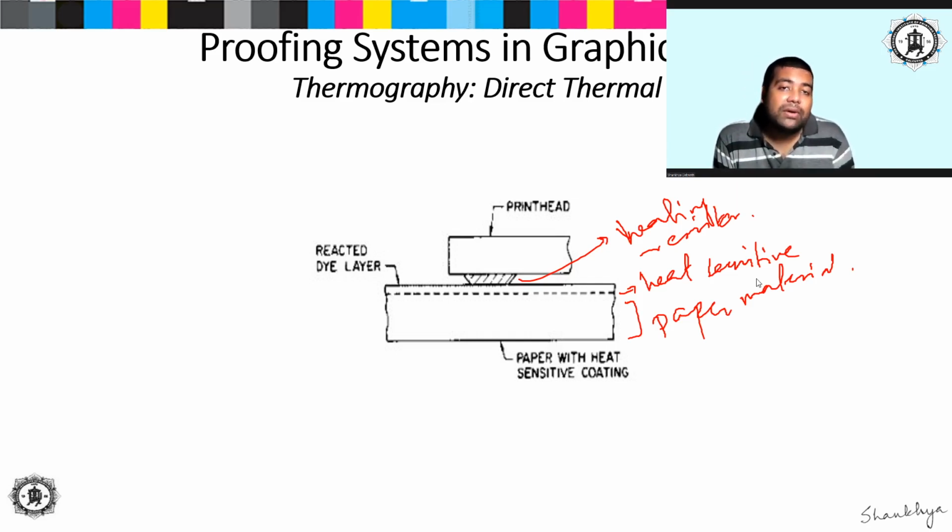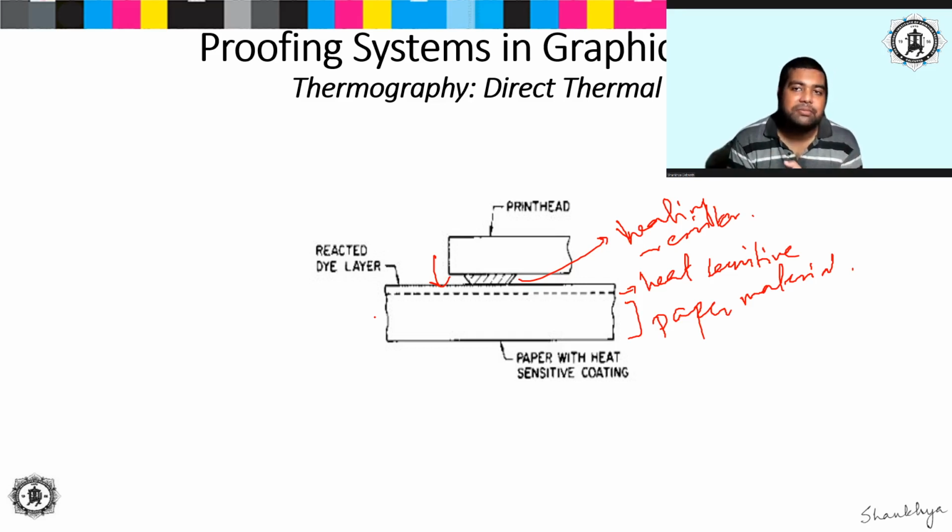Now, one thing that I would like to mention here is that depending upon the heat that is being received by the paper, the darkness of the color will be determined. So, for example, if only a small amount of heat is generated by the print head and is passing on to the heat sensitive dye layer, then the dye will be developed to a certain extent only. Compared to a high heat being accepted by the dye layer, the dye will start to develop vigorously, and the color saturation in the latter situation will be higher than in the former.